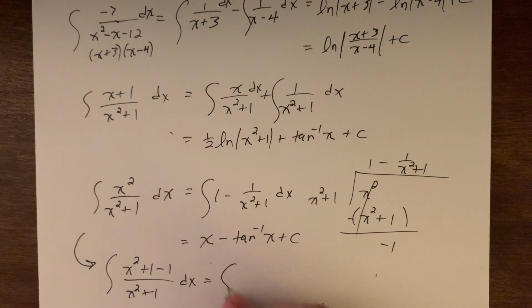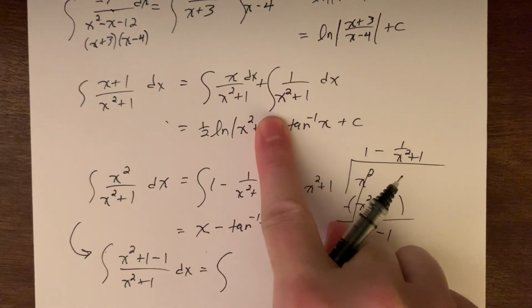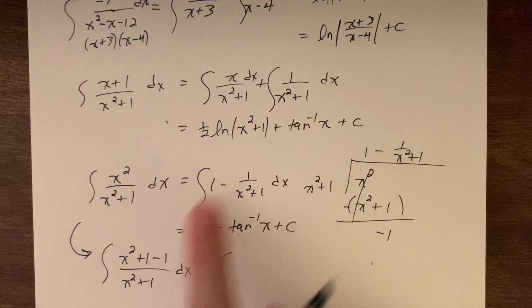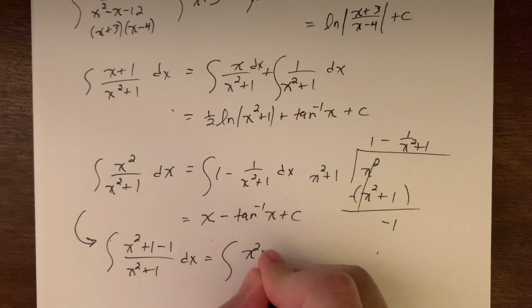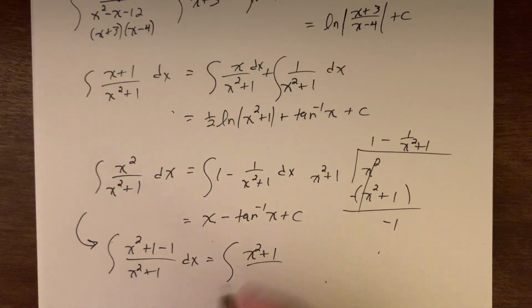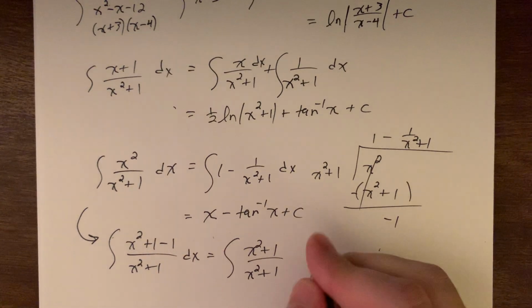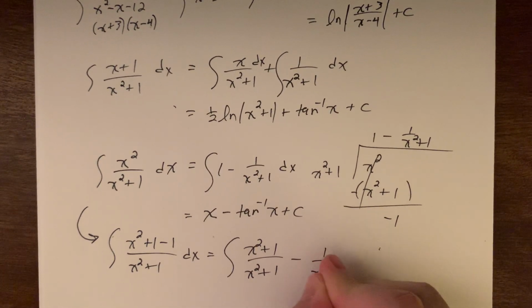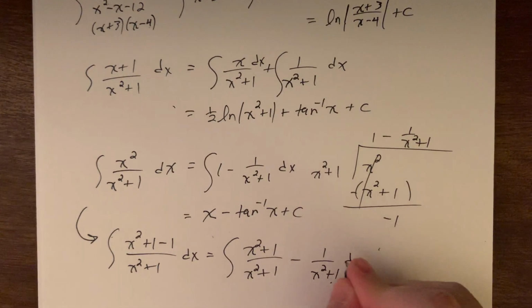But the idea of doing this is, again, clever breaking up of the fractions. Now I'm not just going to take the x squared over this. I'm going to take the x squared and the +1 over the original denominator, and then minus that last piece over that same original denominator.